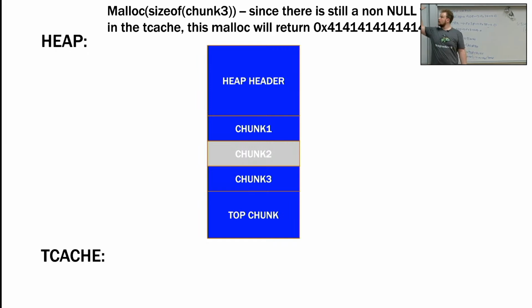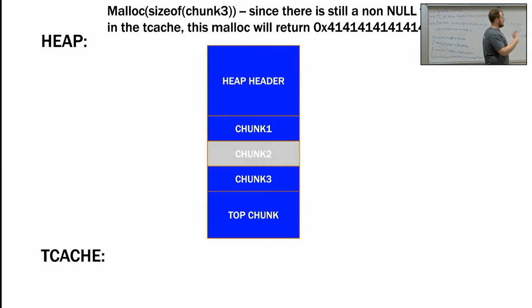This would not happen, obviously, because 4A is not a valid address. But if we, instead of A's, put there some valid address, let's say on the stack or in the libc, we would be able to allocate a chunk that is not on the heap. It would be allocated on the stack, for instance. And if we are able to allocate a chunk on the stack, then we can overwrite the stack. We can overwrite the return addresses.